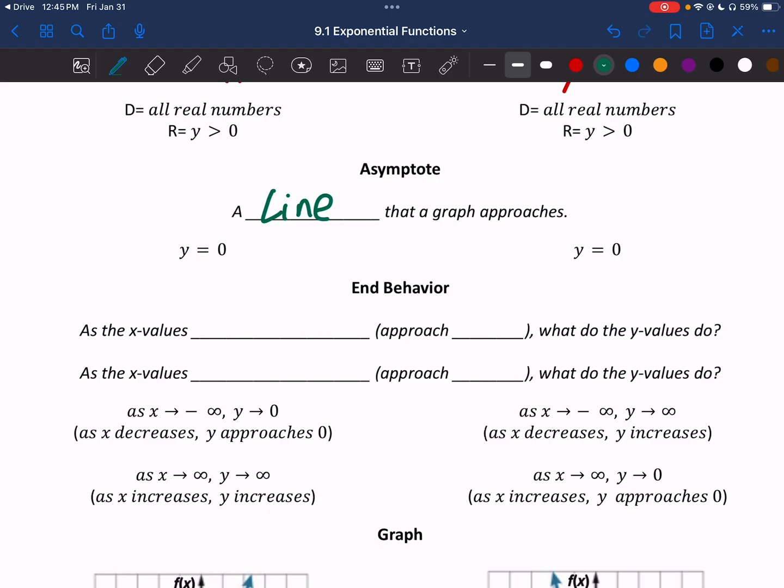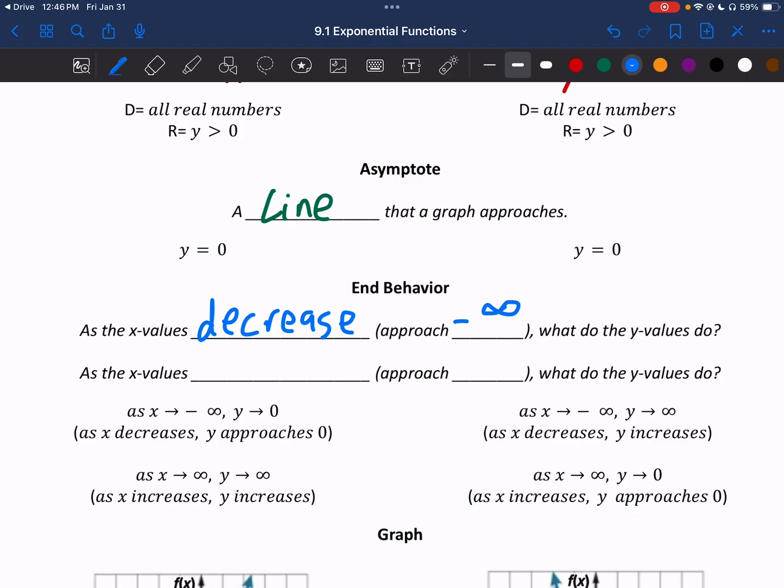End behavior. What is happening as we go towards infinity in each direction on our graph? We did a little bit of this when we were talking about end behavior on linear equations, and I think we dealt with some quadratics and some kind of weird functions where it was going in different directions, so different pieces had different relationships. So in the specific case of an exponential equation, as x values decrease, or approach negative infinity, what do the y values do?